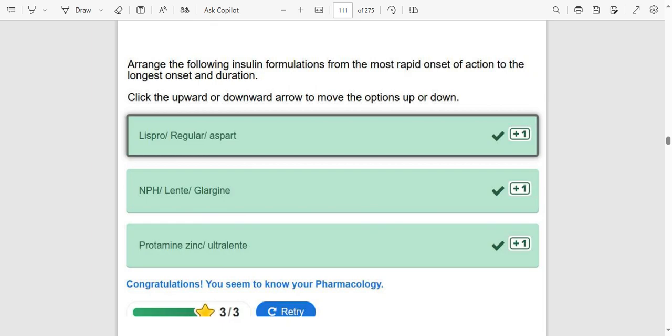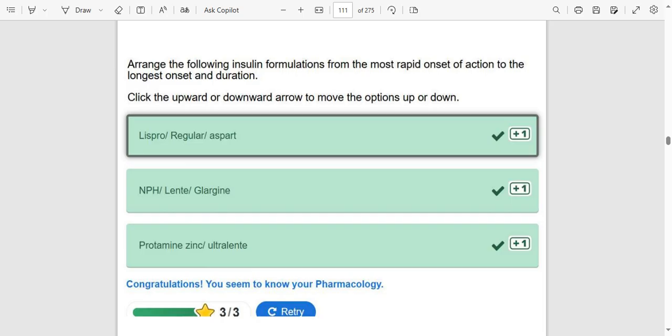Those which are rapid acting, you have got the regular insulin, Lispro and Aspart. And then the intermediate, I've got NPH and Lente. The slow ones are Ultralente and protamine zinc. So we have got two there.